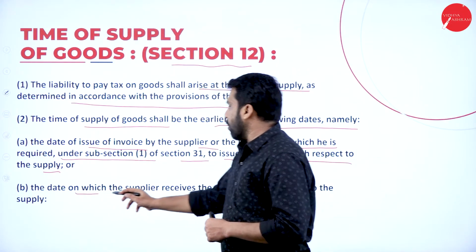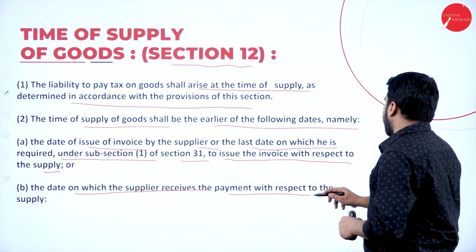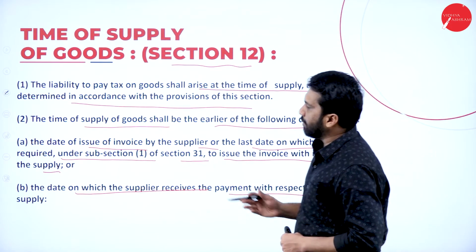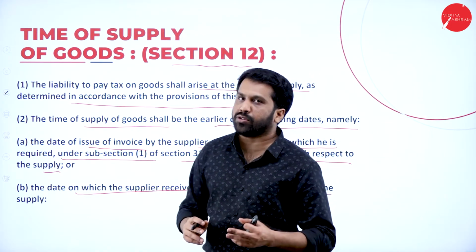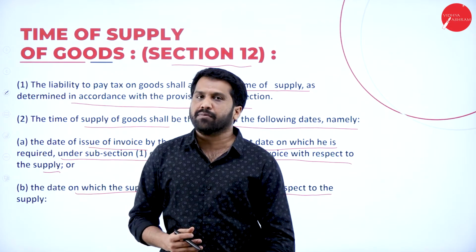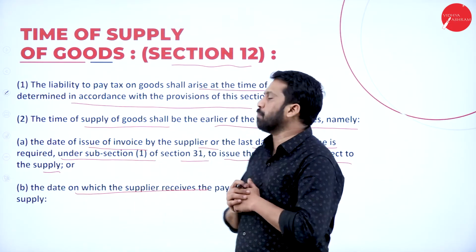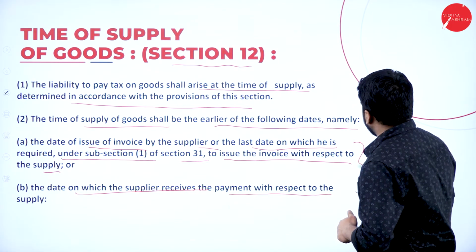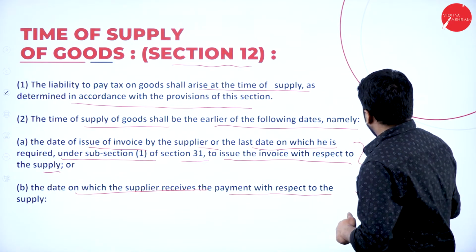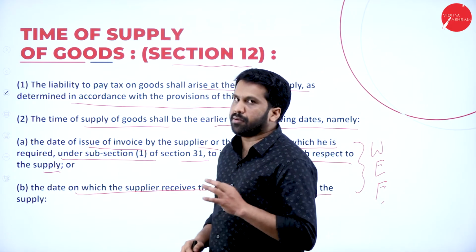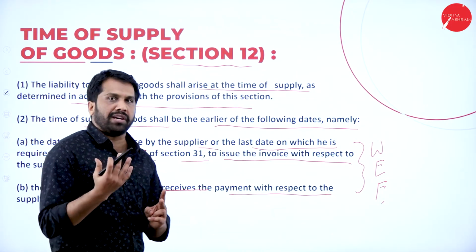Then, the date on which the supplier receives the payment with respect to the supply. If I have received payment before preparing the invoice, that is also called time of supply, whichever is earlier. Remember, there are two things. I'll give you an example.